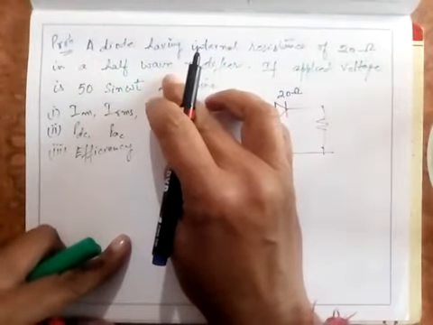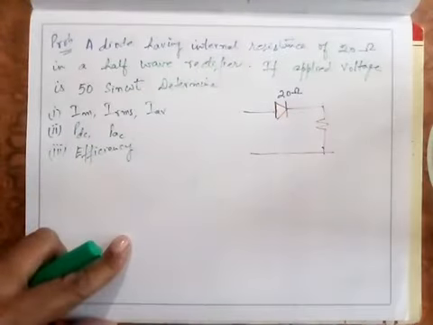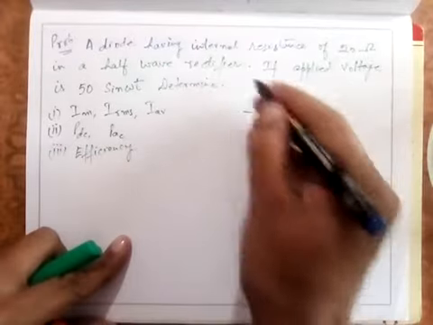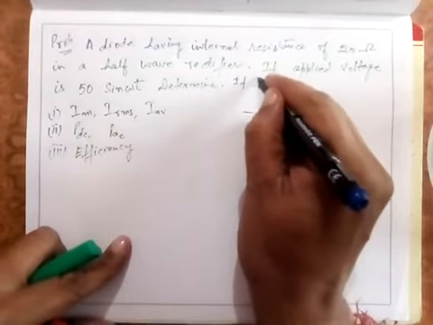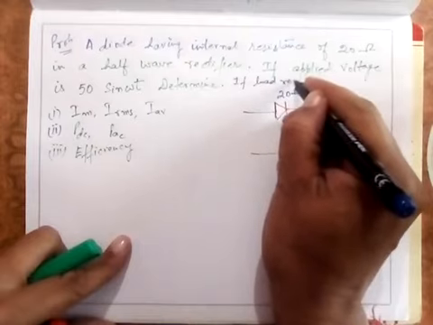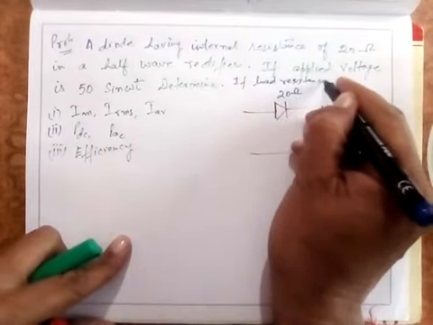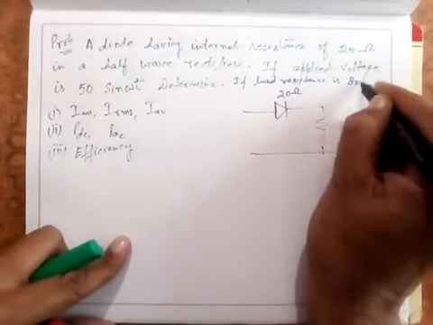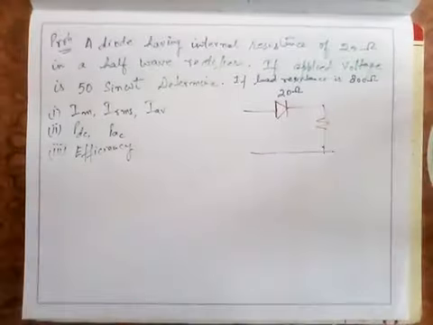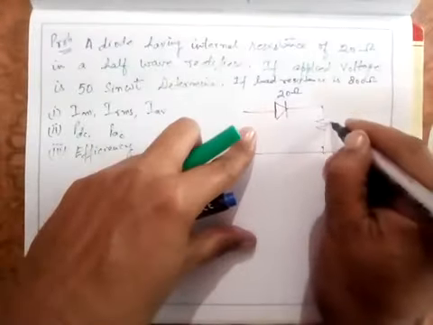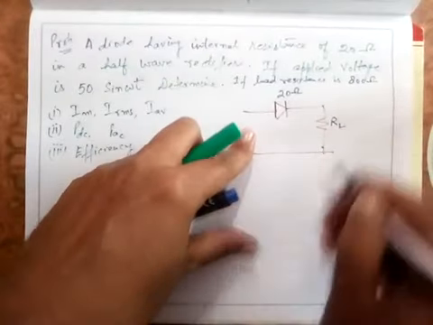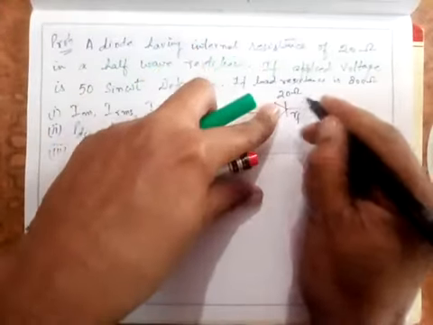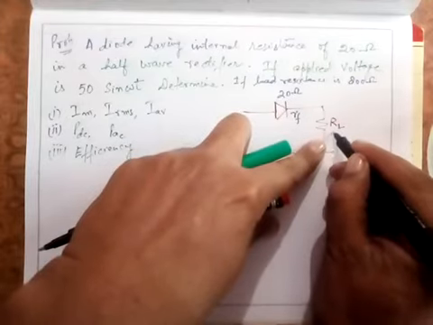And one more thing I say in the problem: if load resistance is say 800 ohm, that is this RL given to me. This is RL, and this is of course RF, which is equal to 20 ohm. This RL is 800 ohm.